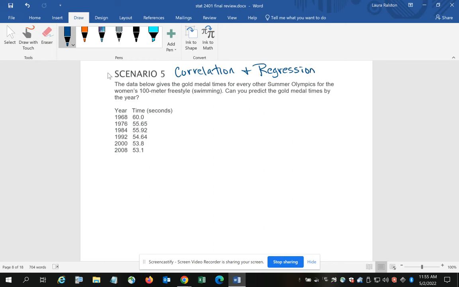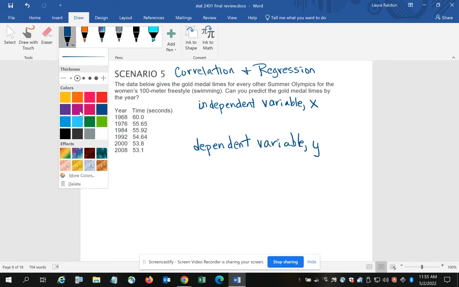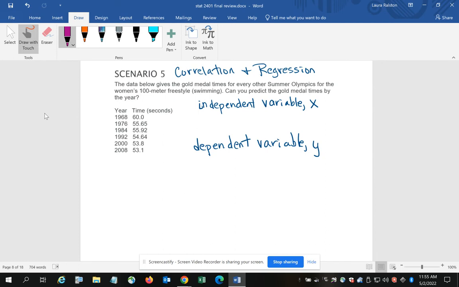And so initially we have to identify the independent variable, which represents the x, and we have to identify the dependent variable, which represents the y. And a lot of you had trouble with this. But guys, there's a standard across the board so that regardless of whether you're sitting in Georgia or England or France or Germany, you read it the same way.